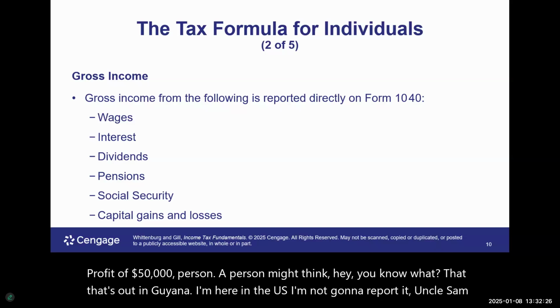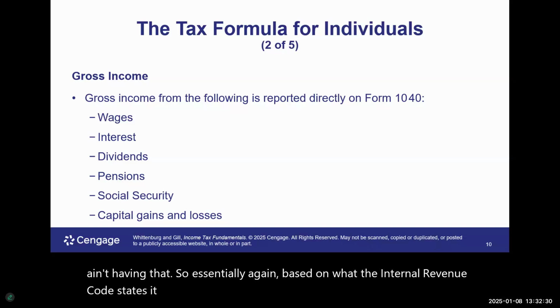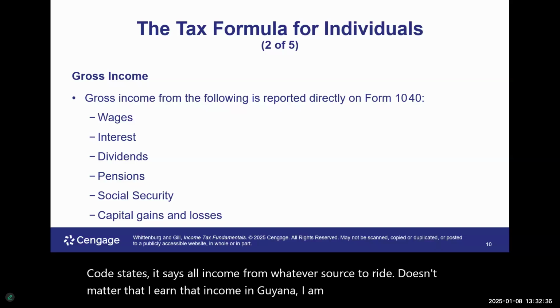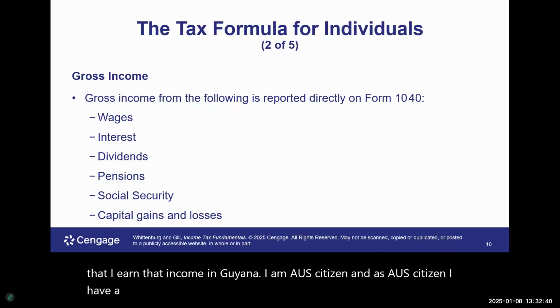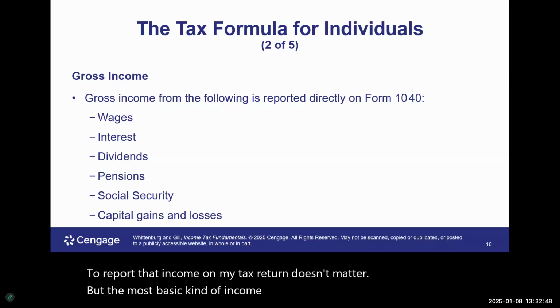So essentially, based on what the Internal Revenue Code states, it says all income from whatever source derived. Doesn't matter that I earned that income in Guyana. I am a US citizen. And as a US citizen, I have a responsibility to report that income on my tax return.